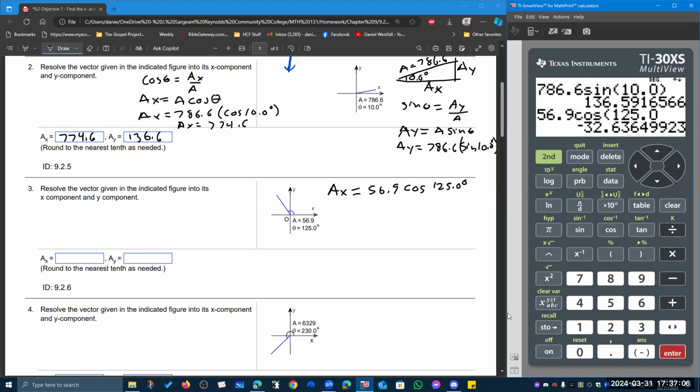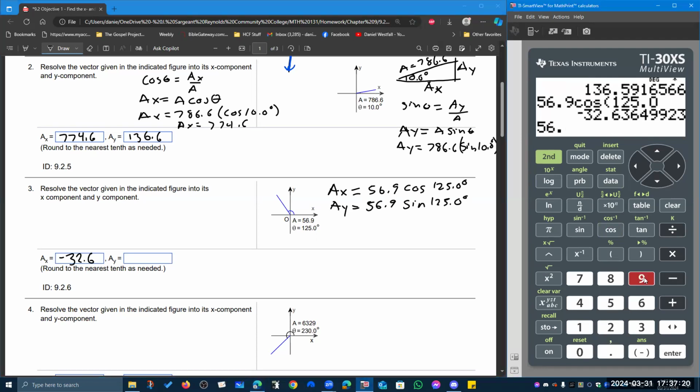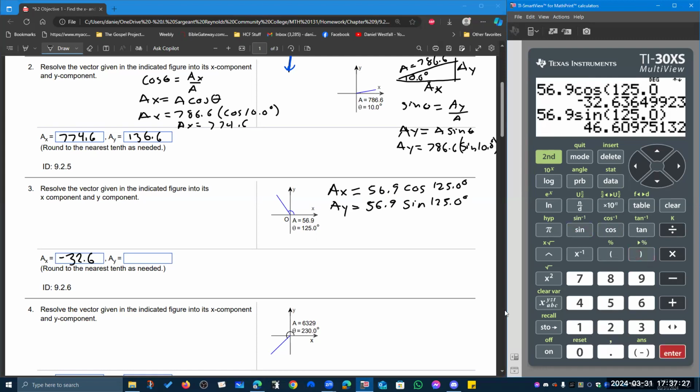Rounded to the nearest tenth, we call this negative 32.6, and a sub y is going to be 56.9 sine of 125.0. Again, to the nearest tenth, it's going to be 46.6. That makes sense. We're in quadrant 2, so we should have a negative x and a positive y.